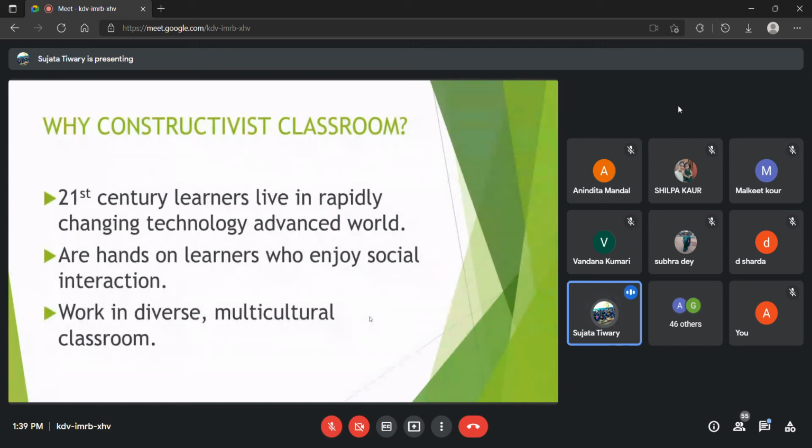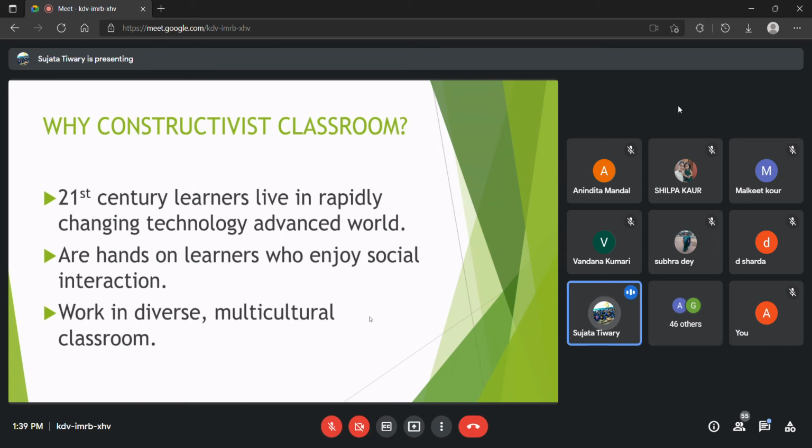Why constructivist classroom? Now, why is a constructivist classroom needed? Because 21st century learners live in rapidly changing technology. They know more than us. Every answer is at the tip of the tongue. Now we are correcting the paper. We can see the answers we have never taught, we have never heard. The answers are coming from Google Advanced mode.